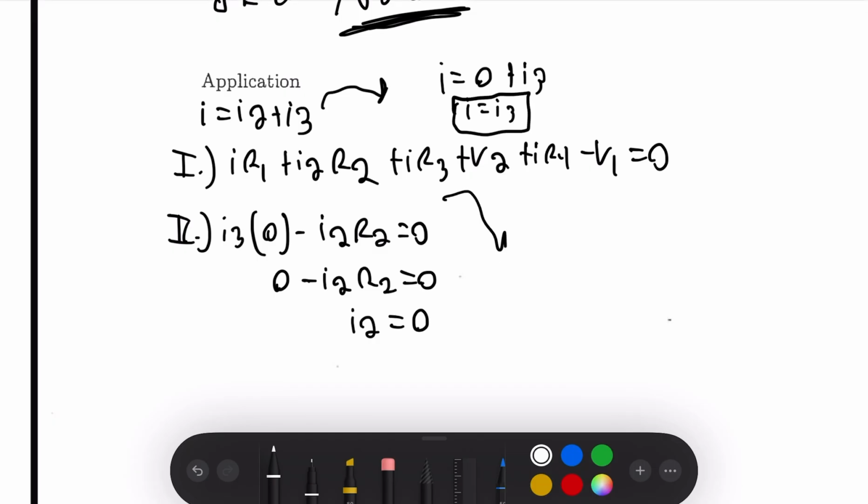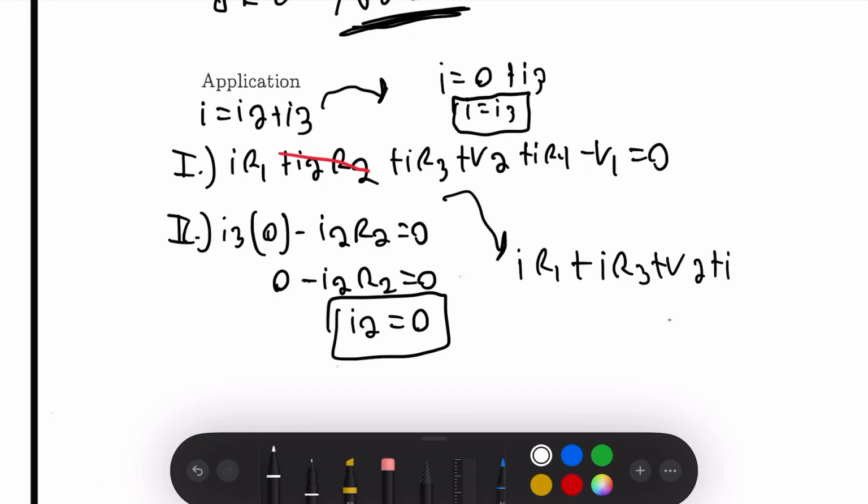So if I work with my first loop now, let me box this in. I will have IR1 plus I2R2, which I know is 0, so that just goes away, plus IR3 plus V2 plus IR4 minus V1 is equal to 0.